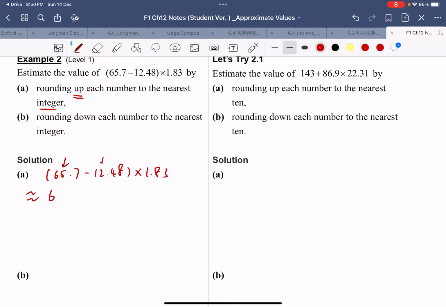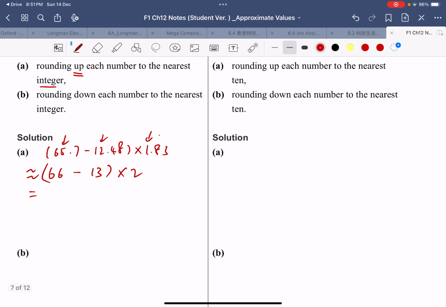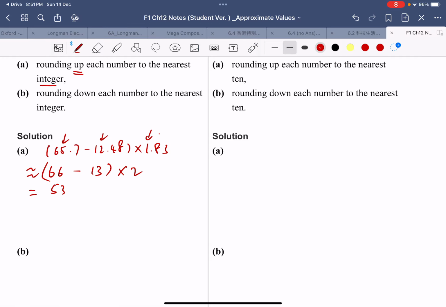Integer is this. Go up, go up, bracket, go up, like this. And then continue. Work on the bracket first, times 2, 106.